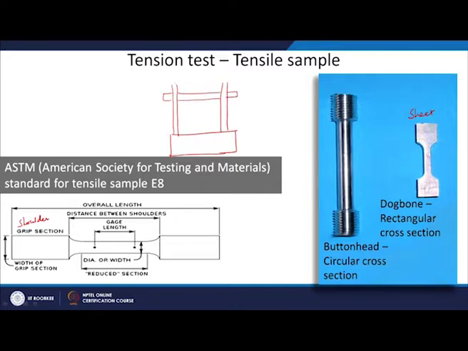One is going to be stationary and another going to be moving. Suppose this is moving, then there will be a stationary one at the bottom, and your sample comes here. Some arrangements will be there, I am not showing those details. Suppose the sample will be like this.